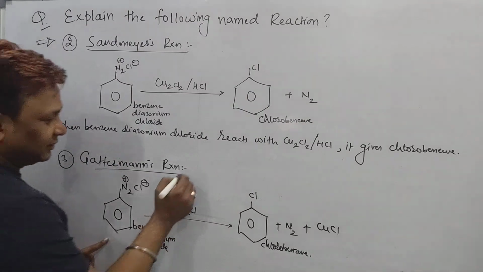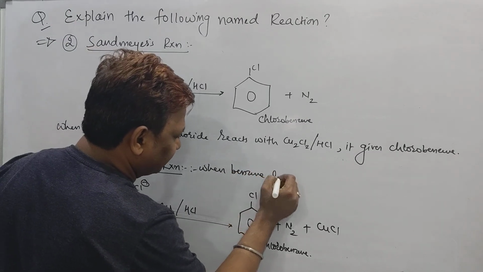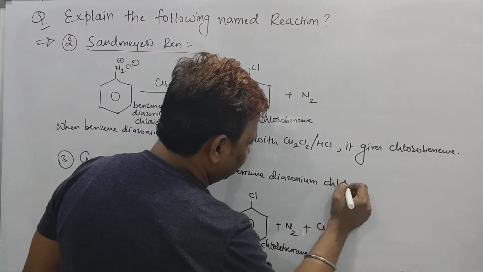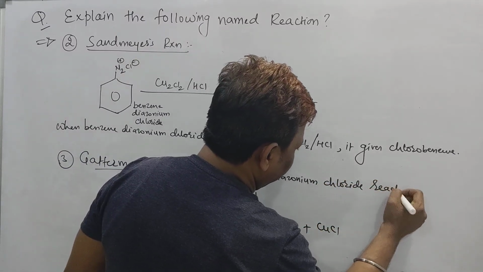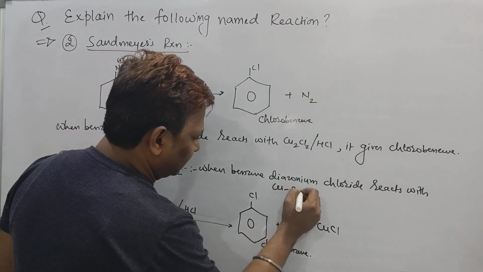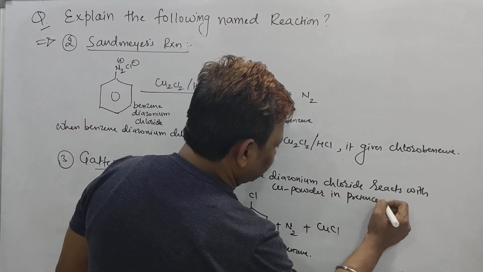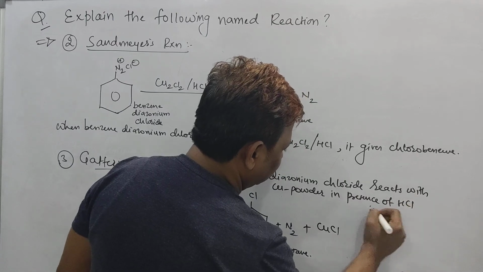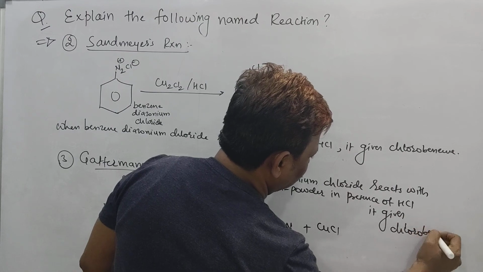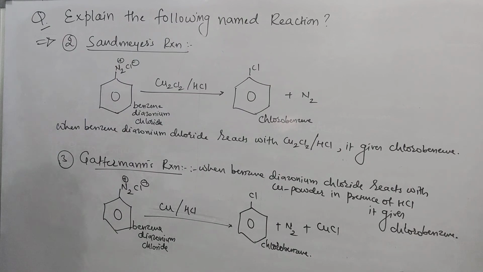For this one, when benzene diazonium chloride reacts with copper powder in presence of HCl, it gives chlorobenzene. See beta, these are the two reactions.